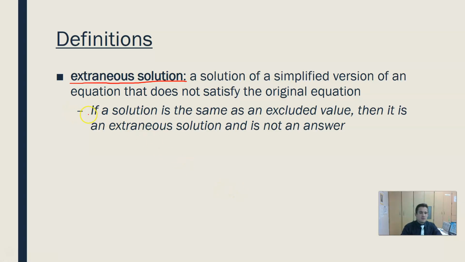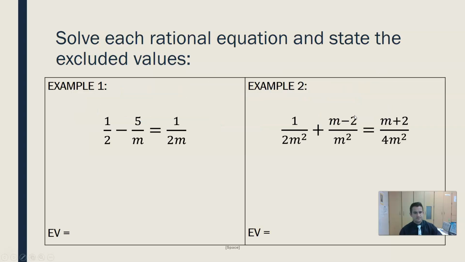Sometimes when we go through these problems, we'll notice that one of the solutions we get will be an excluded value. So when I get a solution and I put it back into the equation, it would force me to divide by 0, so therefore it is an extraneous solution. It's not a valid solution. As we come to some of those, I will show you what those look like.